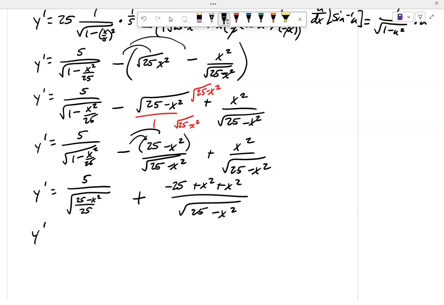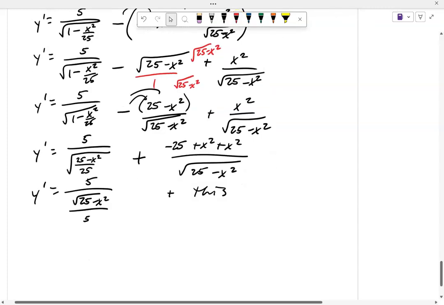And then over here I've got 5 over the square root of the top. The square root of 25 on the bottom is just a 5. So I'm going to multiply that by its reciprocal. And I've got this stuff over here.